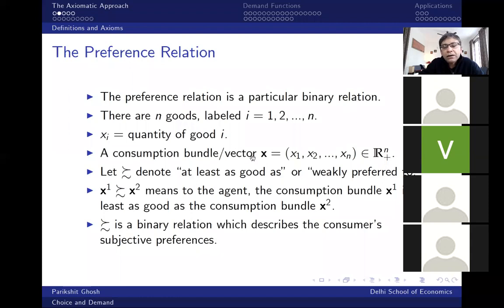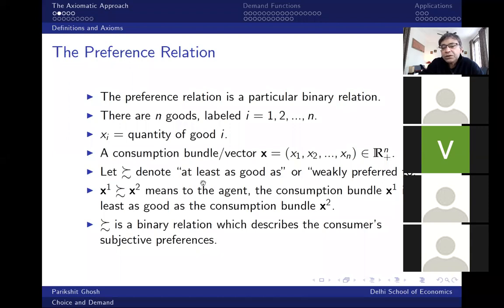A consumption bundle is basically a vector in n-dimensional Euclidean space, which specifies what quantity of each good is in the bundle. So that's just the coordinates of a point in n-dimensional space. We'll use this symbol, the curly weak inequality, to represent our binary relation.